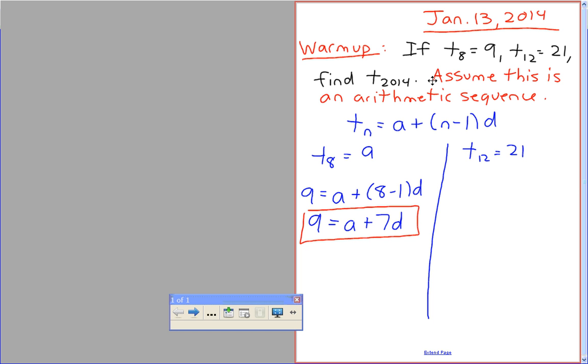Okay, now, for someone that wasn't here on Friday, I want you to think this out and try to do the same thing for the right-hand side. Here, I'm going to pick on you. Using this equation here, you're going to know that Tn is equal to this equation. If T12 is 21, can you try and do the same thing for the right-hand side?